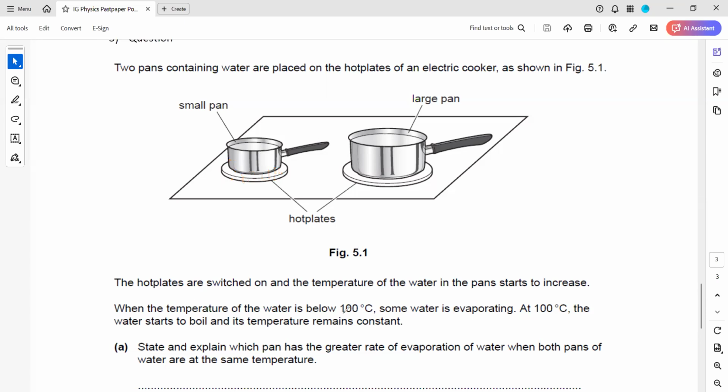When the temperature of the water is below 100, some of the water evaporates. At 100, the water starts to boil and the temperature remains constant. Whenever there is a change in state, there is no change in temperature. If a substance is melting, there is no change in temperature, or it is boiling, there is no change in temperature.